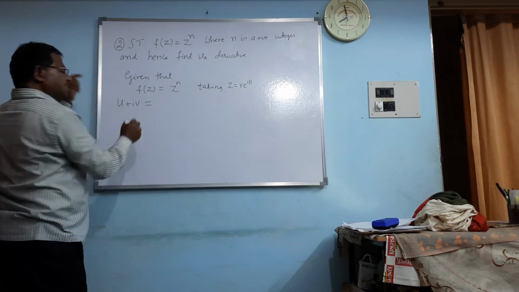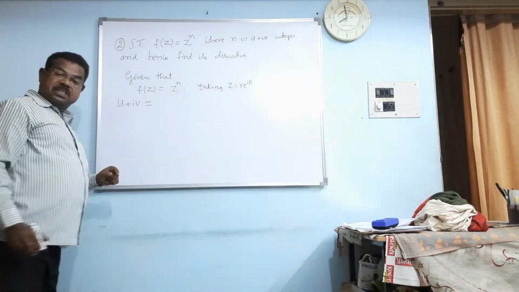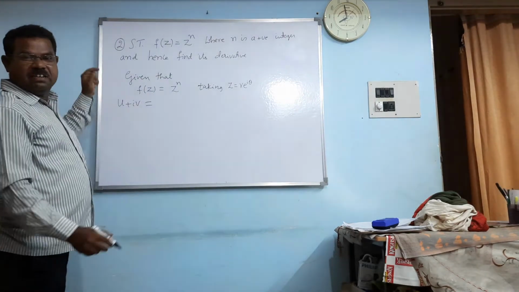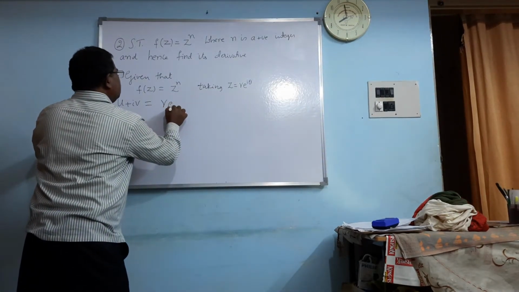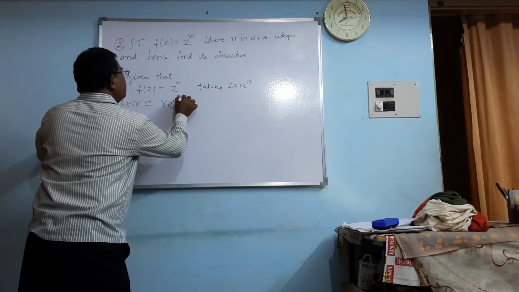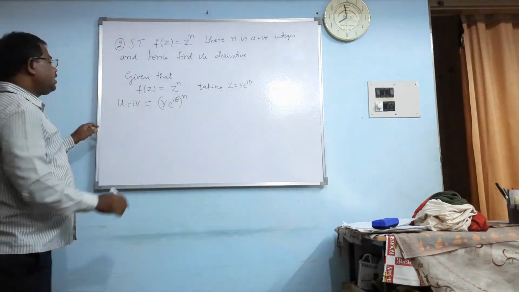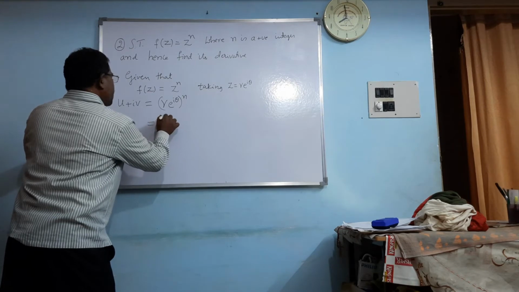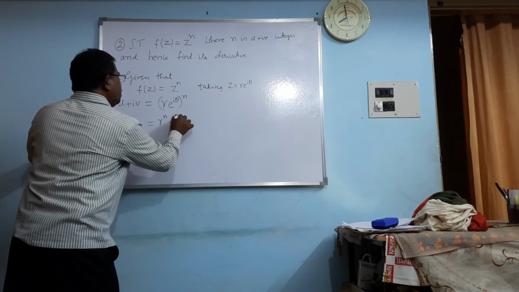This is complex; this is the real part, this is the imaginary part. Next, substitute z, which is r into e to the power of i theta, to the power of n. Next, write down r to the power of n, e to the power of i theta into n.